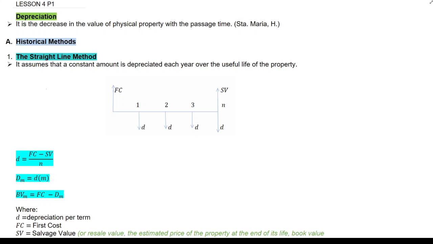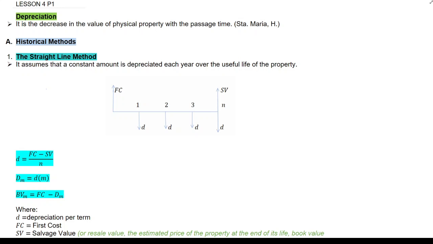So we have here lesson 4, which is depreciation. It has two parts. A is the historical methods and B is the Modified Accelerated Cost Recovery System, or MACRS. For historical methods, there are 6 methods: straight line method, sinking fund method, sum of the years digits, declining balance method, double declining balance method, and the last one, the service output method.